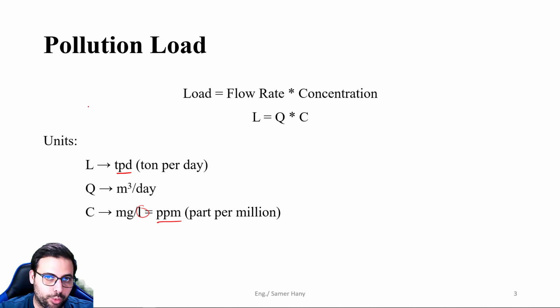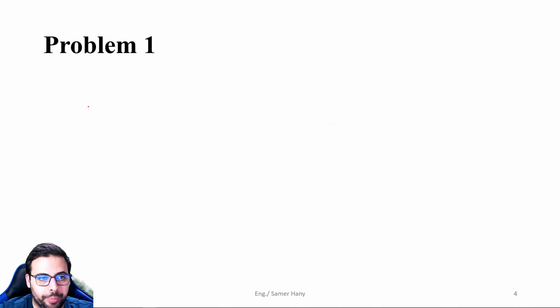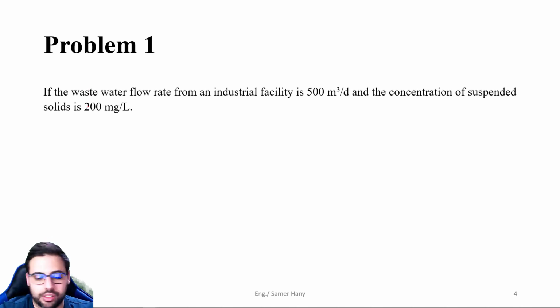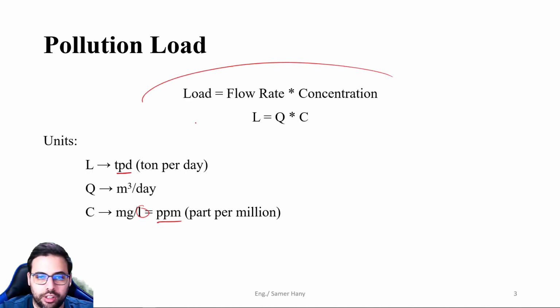So milligrams per liter is equivalent to how many parts per million are actually pollutants in the wastewater stream. Okay, that's the only rule that we'll talk about.